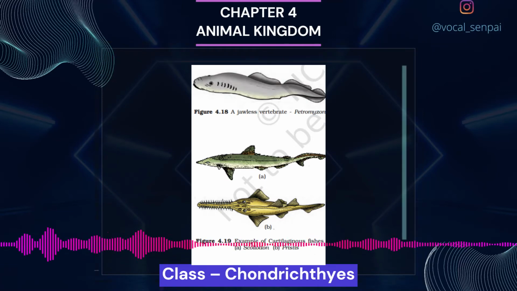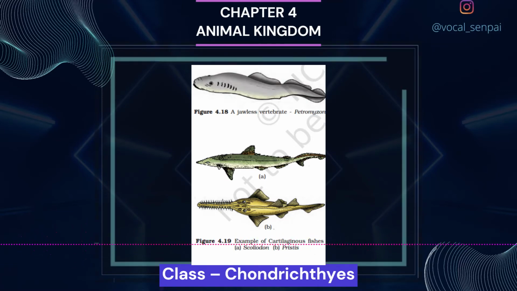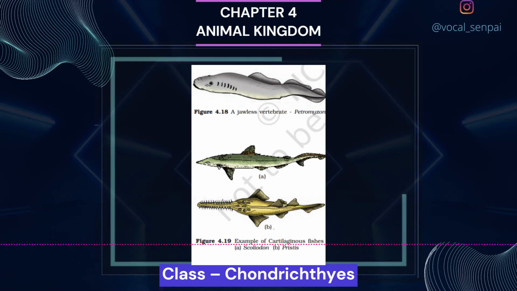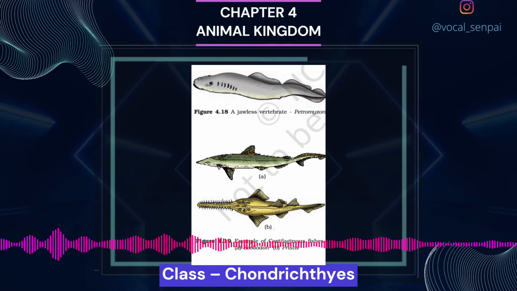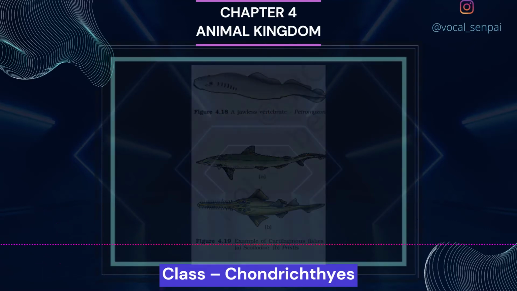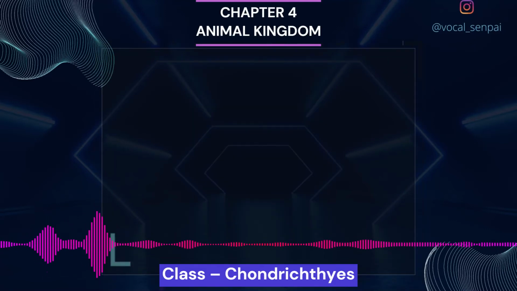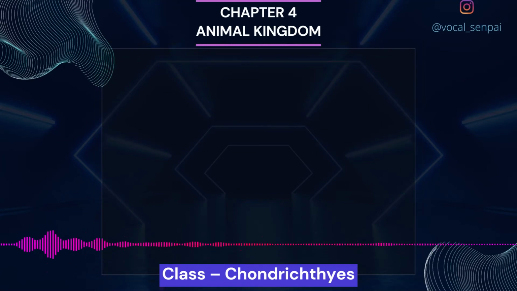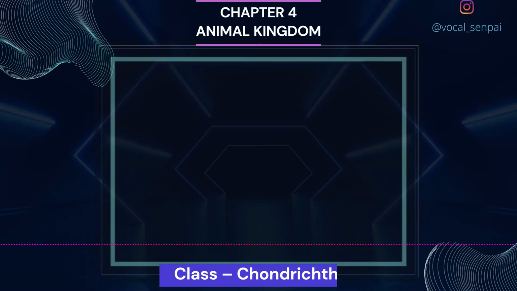They are cold-blooded, poikilothermous animals, i.e., they lack the capacity to regulate their body temperature. Sexes are separate. In males, pelvic fins bear claspers. They have internal fertilization and many of them are viviparous. Examples: Scoliodon, dogfish, Pristis, sawfish, Carcharodon, great white shark, Trygon, stingray.